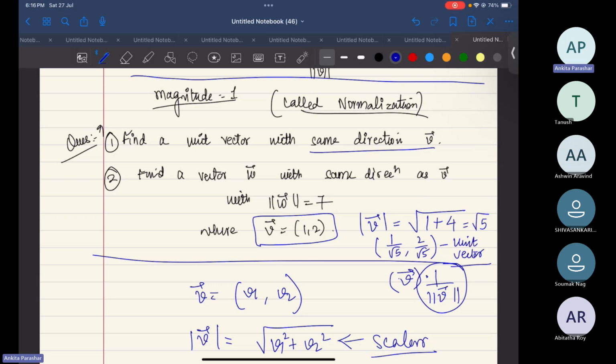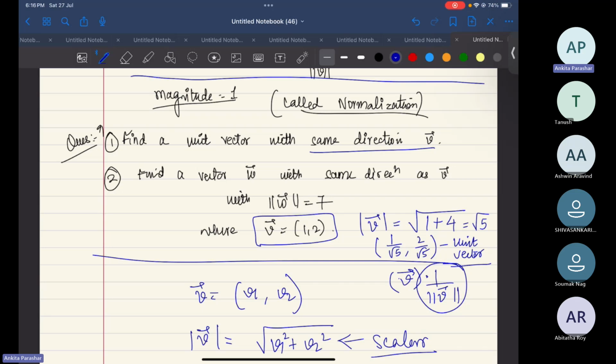Now another part is: find the vector w with the same direction as v, with its modulus value 7. Suppose I want a vector having the same direction as v, but its modulus value is 7. Then what will we do? I think we just have to multiply the unit vector by 7.